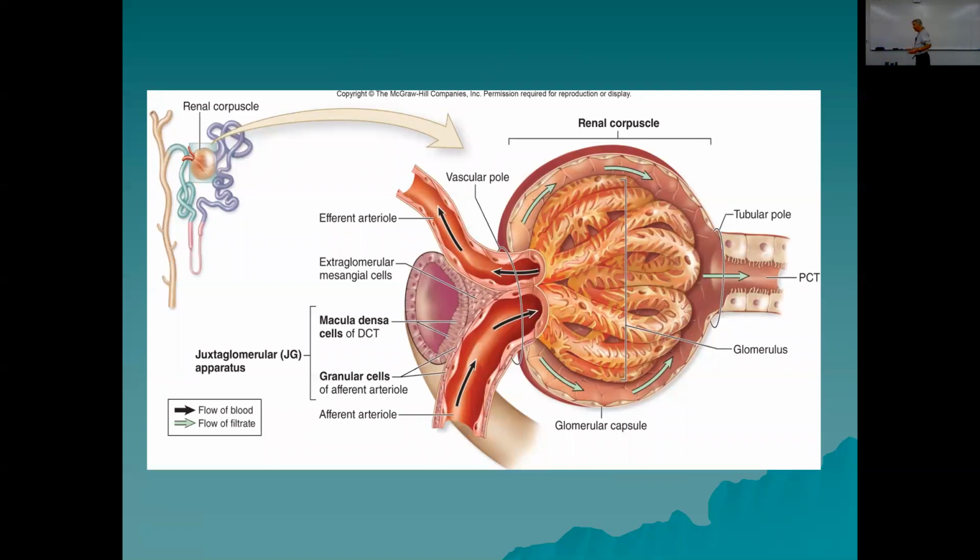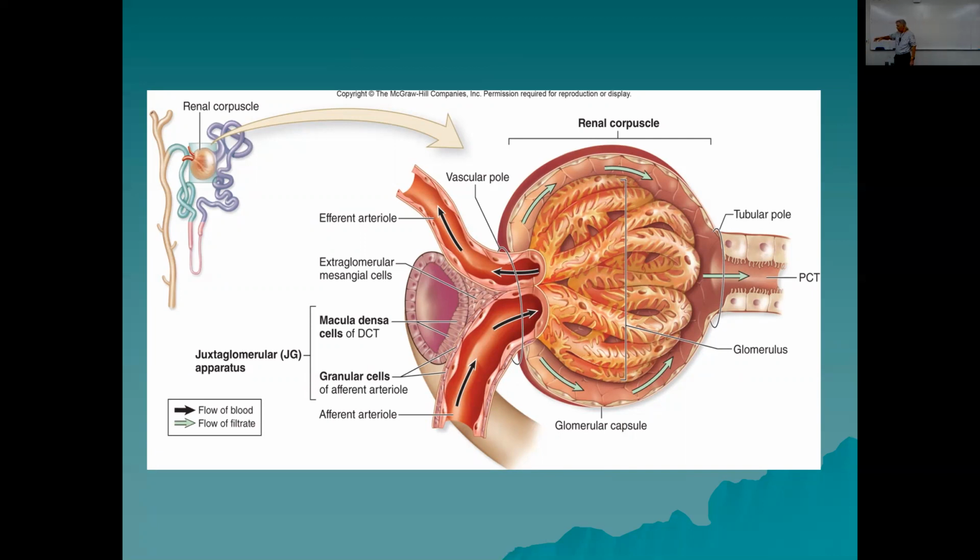And here's the arrangement right here. There's a blow up of the renal corpuscle, again, with the vascular pole and tubular pole, and it shows you the arrangement of the juxtaglomerular apparatus. You have these macula densa cells of the DCT, distal convoluted tubule. And then just to the right of them in the figure is the extraglomerular mesangial cells. And they're right next to the granular cells of the afferent arteriole.